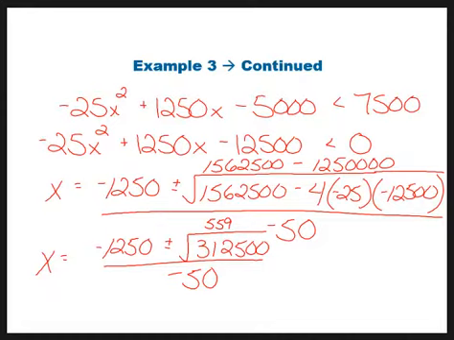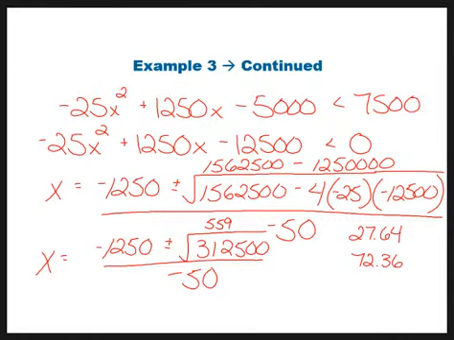So what I need to do is figure out my two solutions. Negative 1250 plus 559 divided by negative 25, and we're going to get something like 27.64. On the other hand, negative 1250 minus 559 divided by negative 25 is going to be 72.36.